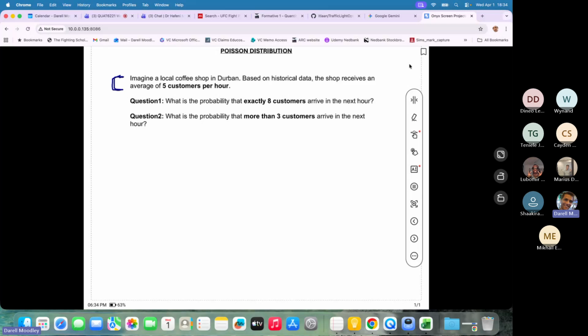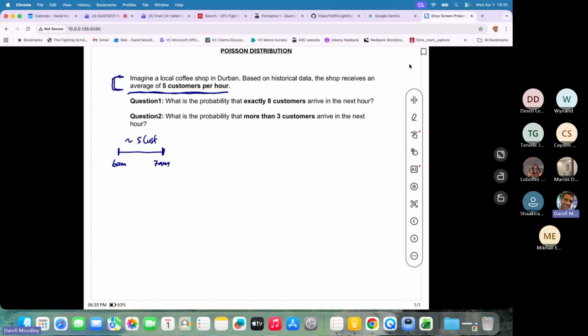So the information you're given is time intervals. In other words, let's say an hour from 6 a.m. to 7 a.m. And on average, every hour, so let's say this first part of the morning, they get about 5 customers.